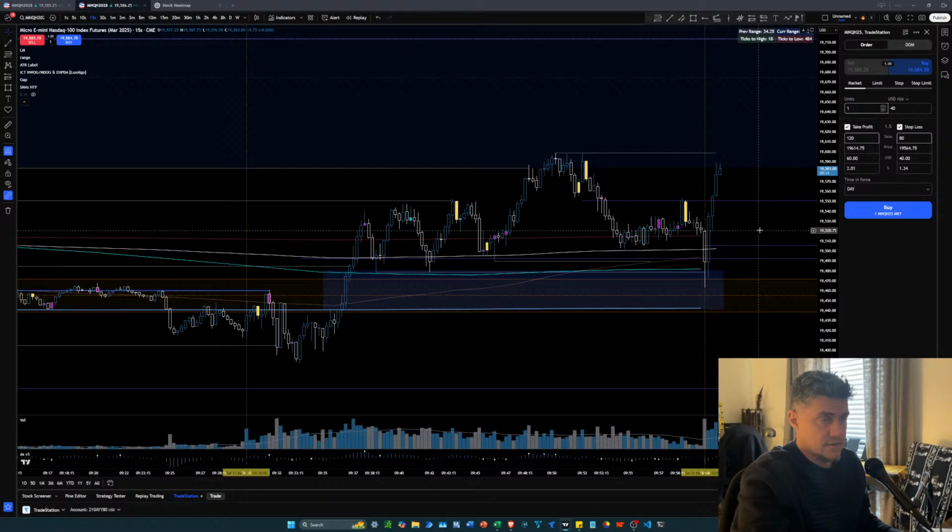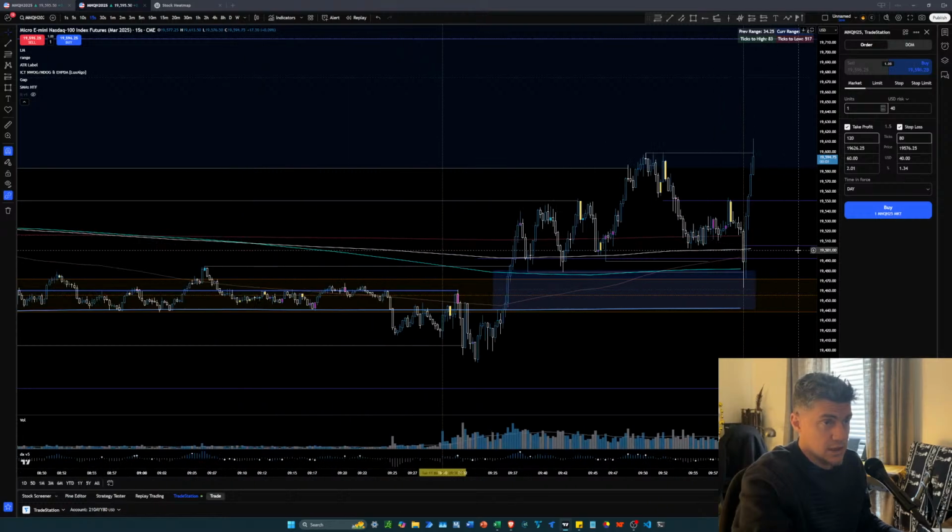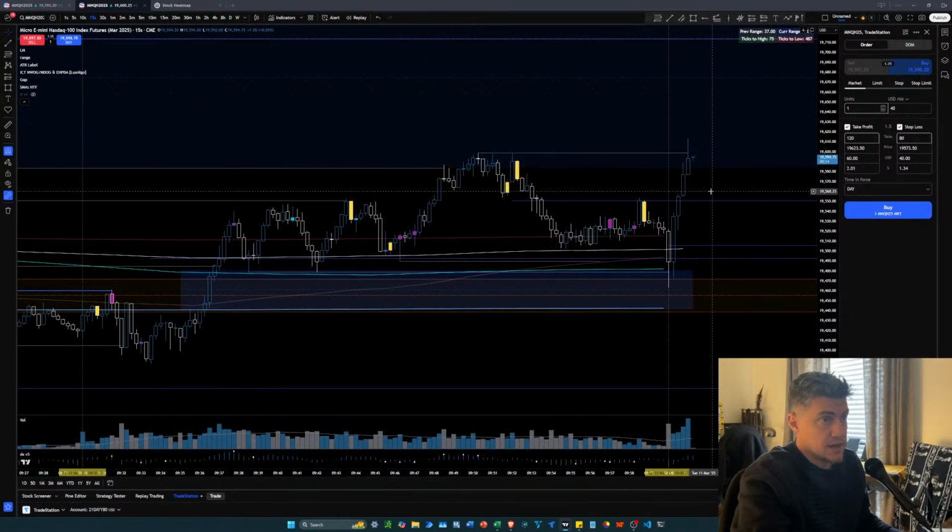That means if it's doing what I think it's doing, meaning I think we're putting in a bottom here to push up, and it's doing what I think it should do in order for that to be true, that means we possibly literally have a bullish trend day on our hands, which means I want to try to get long and then just try to leave my orders alone.